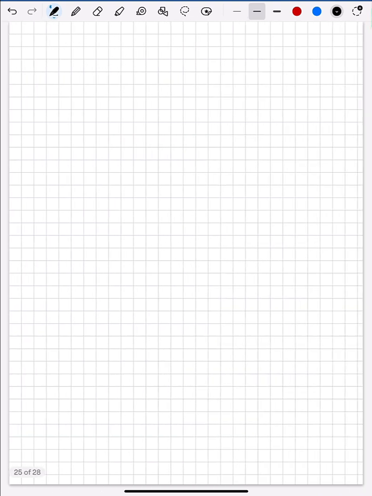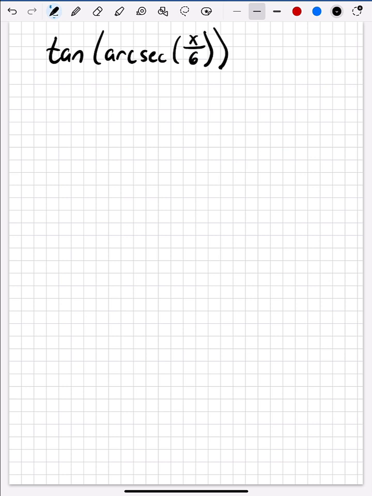Let's go ahead and look at another example problem. All right. So let's say that we wanted to figure out what the tangent of arc secant of x over 6 is. Okay. So there's a lot going on here.